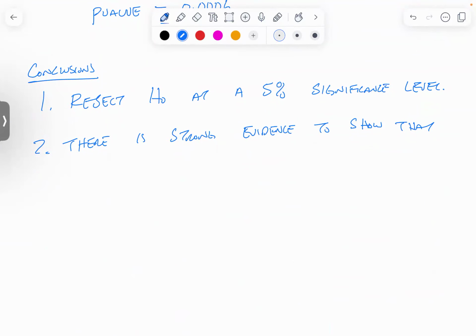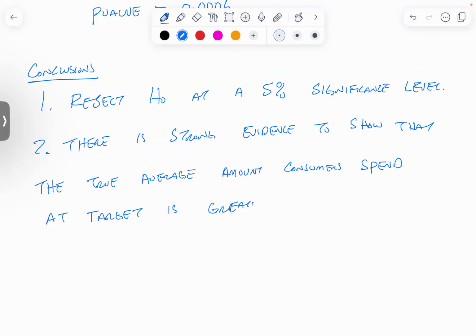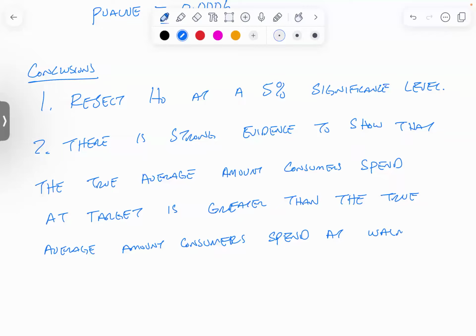There's strong evidence to show that the true average amount consumers spend at Target is greater than the true average amount consumers spend at Walmart.